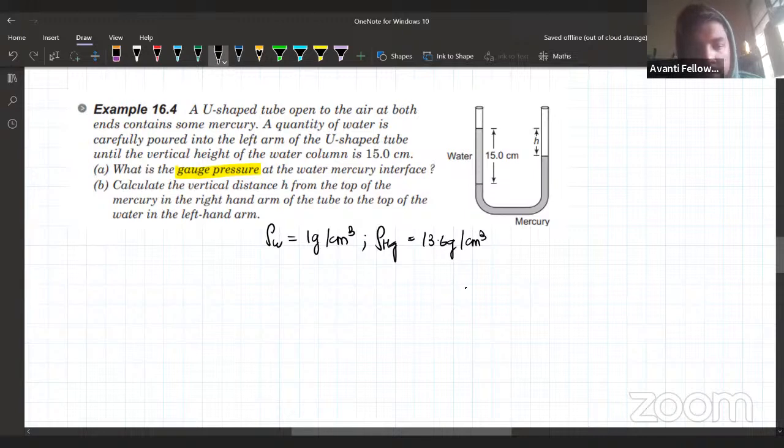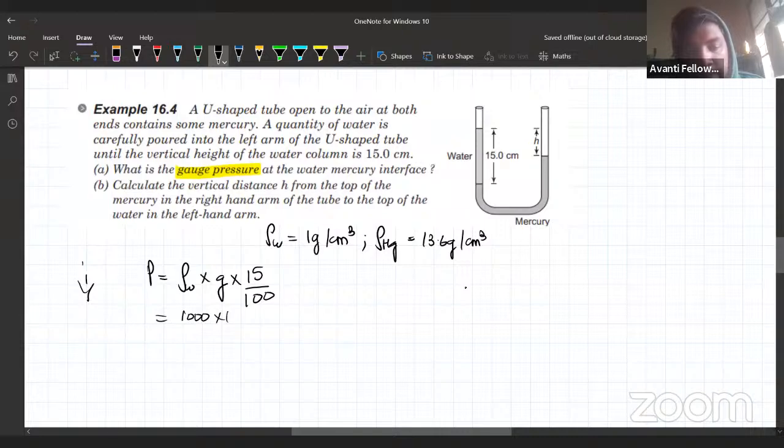The first part, gauge pressure, let's say P is equal to rho of water into g into height. That height is 15 centimeter. Just convert it into meters, divide by 100. So this will give us 1000 into 10.